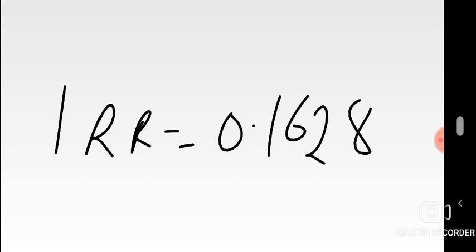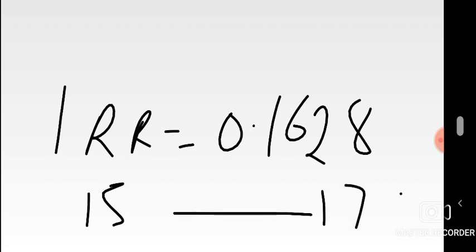If you try out this rate, I believe you stand a better chance. The IRR should be between these 2 rates, because it's the rate at which NPV is 0. This one gives a positive figure.